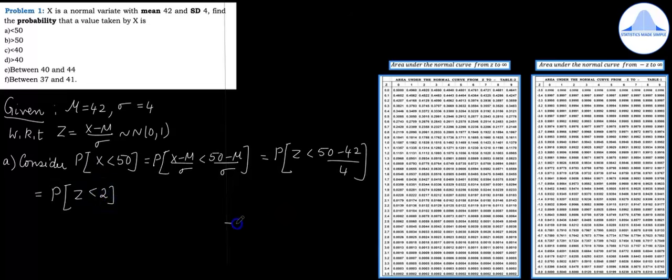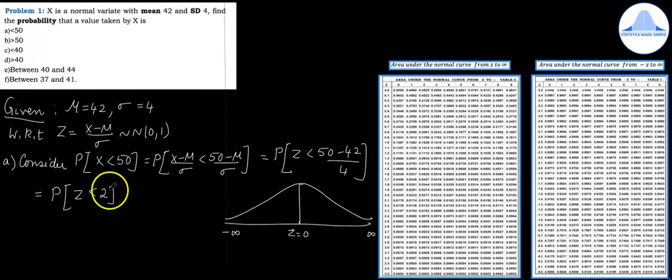So next let us draw the standard normal curve. Usually when we draw the standard normal curve, because it is symmetric and asymptotic, there has to be a gap between the curve and the x-axis. So here you mark minus infinity, then you mark infinity, the center line is z equal to 0. So this is the standard normal curve. Next you have to look at the value which you have got here. It is 2. 2 is a positive number, so mark it on the right tail and then write z is equal to 2.